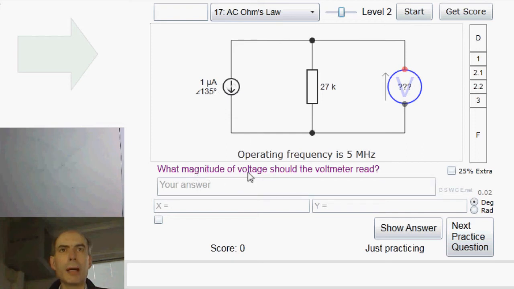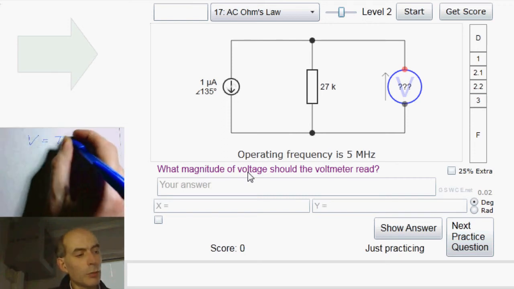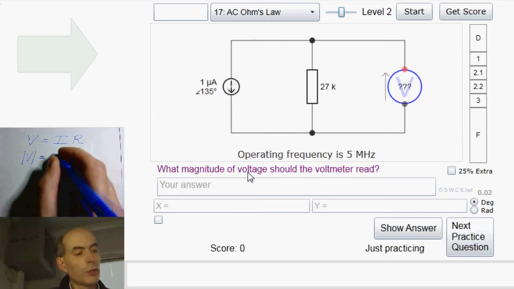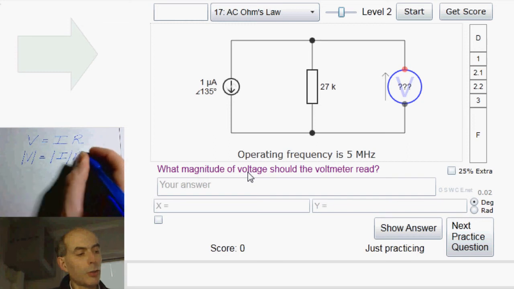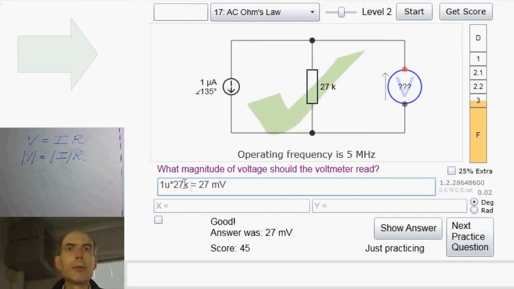It just wants the magnitude of the voltage, and the magnitude of the voltage we could get just from good old V equals IR, where the magnitude of the voltage is the magnitude of the current times the resistance R, so that would just be 1 microamp times 27K. If you entered a complex number in here, it would say syntax error, can't understand, because all it's expecting is a real number, just the magnitude.